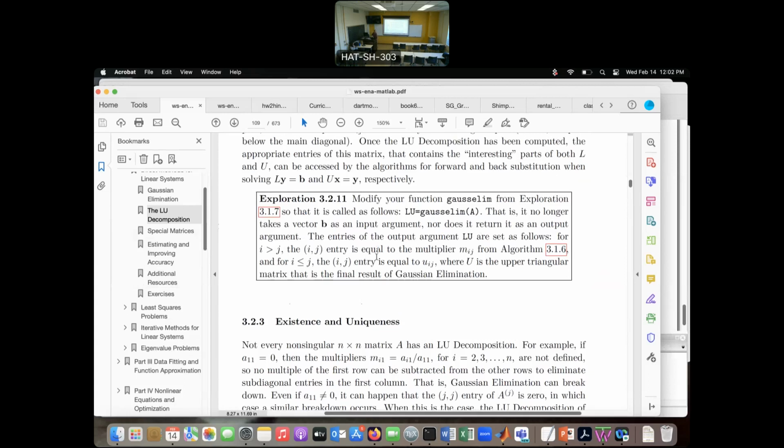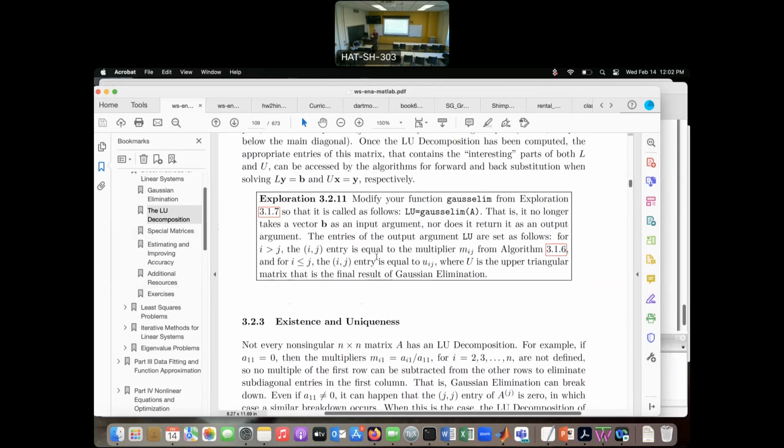Because after doing Gauss elimination, you're getting the entries of U in the upper triangle anyway. So the only thing you'd be doing differently than the previous Gauss elimination homework is that you are storing the multipliers in the lower triangle.